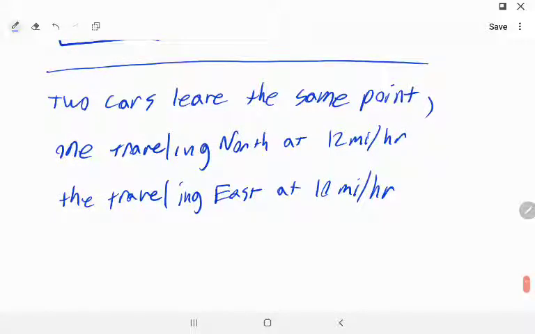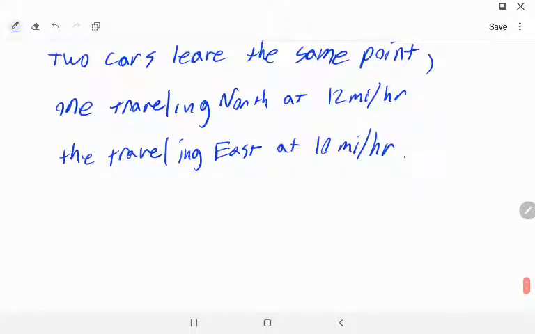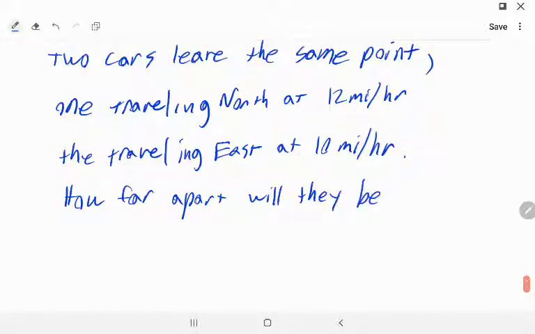We could ask, how far apart will they be after 4 hours?